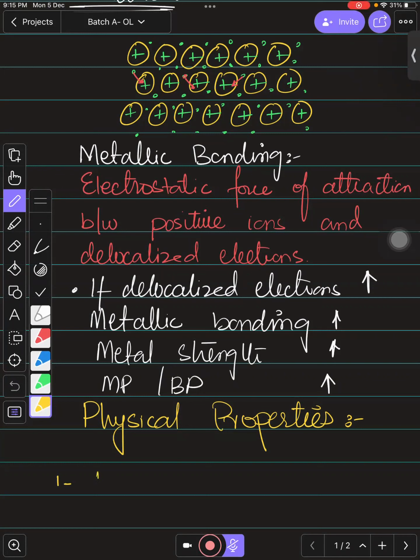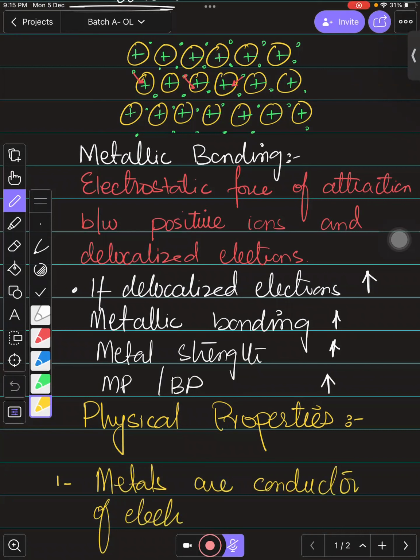So you can say that metals are conductors of electricity. Why are they conductors of electricity? You need to remember why they conduct electricity. They have delocalized electrons. So when electricity passes through them, they can easily conduct electricity.